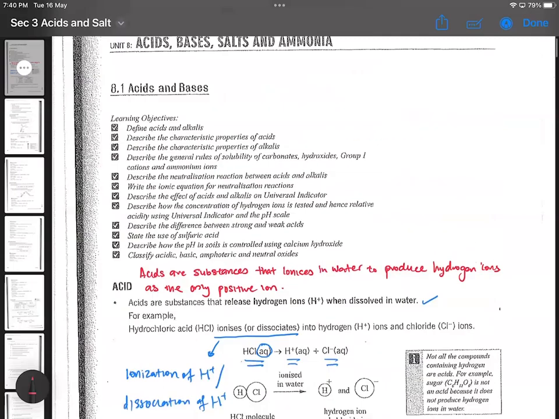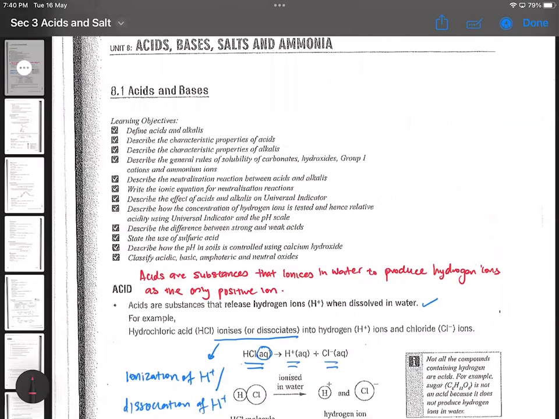Let's say we have normal table salt. So normal table salt is sodium chloride aqueous.